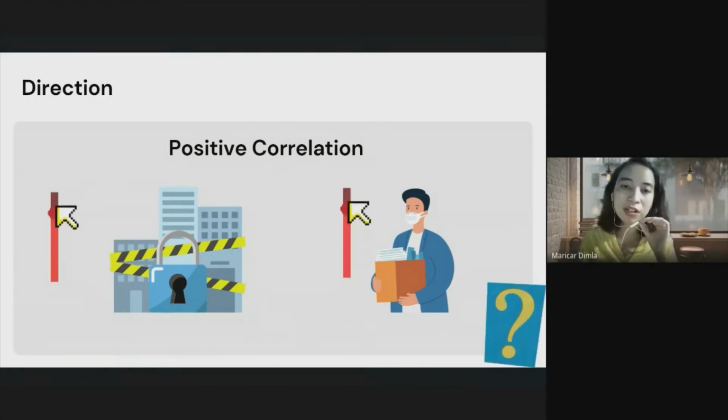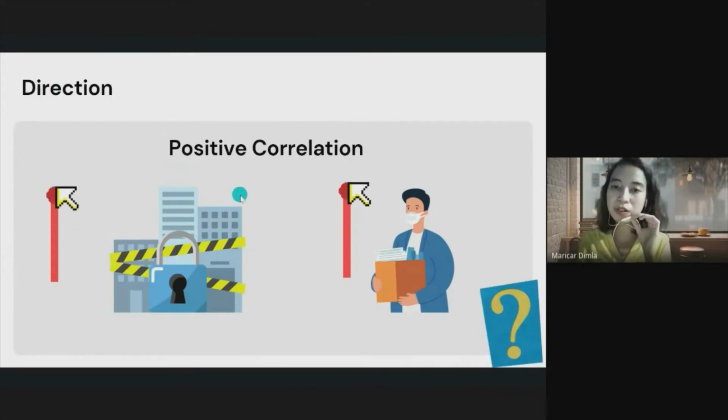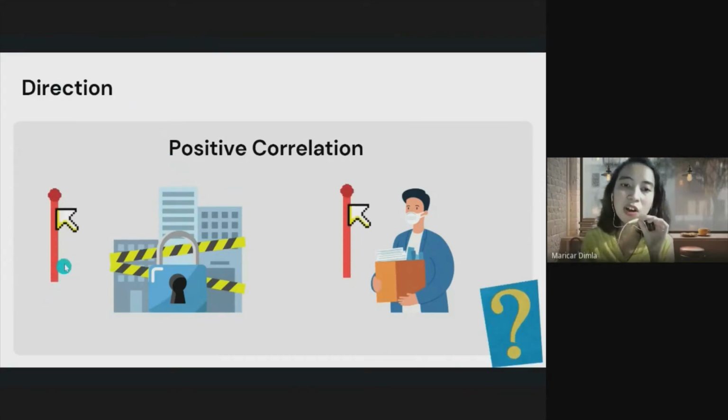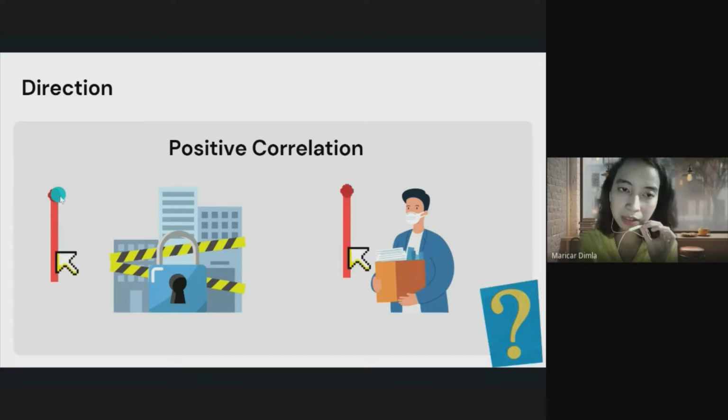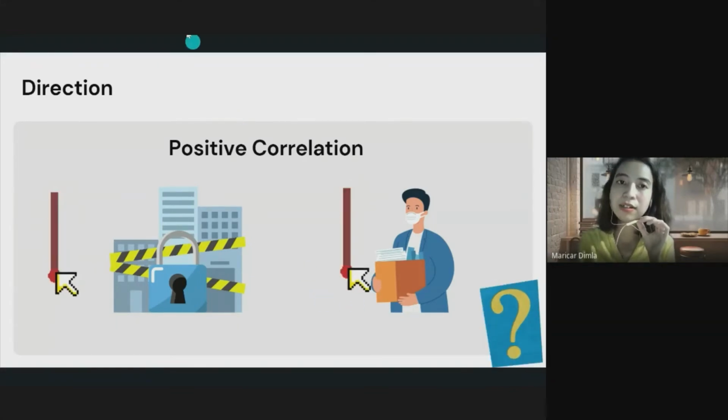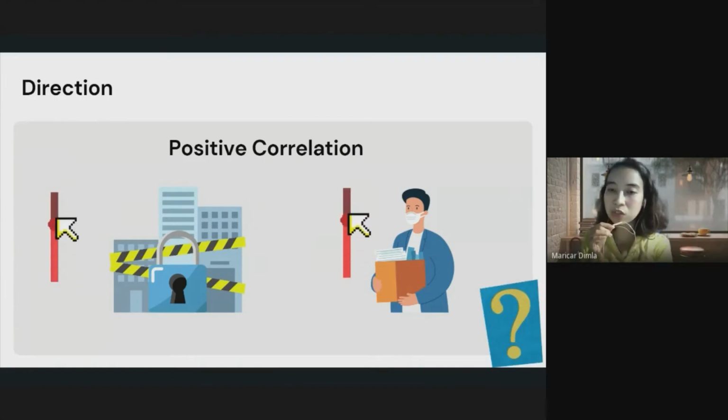Kasi we have here, class, another example of a positive correlation. Okay, the longer the lockdown is, the higher the number of unemployed are. Okay, so negative yung study, class, yung second yung study, but again, same direction.